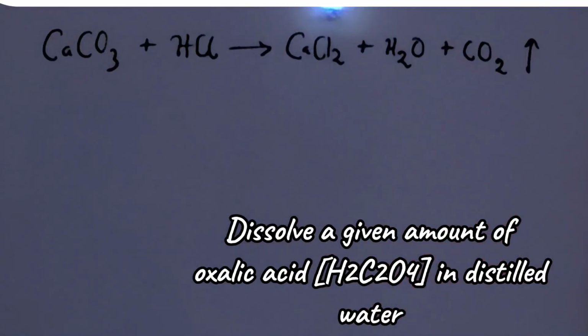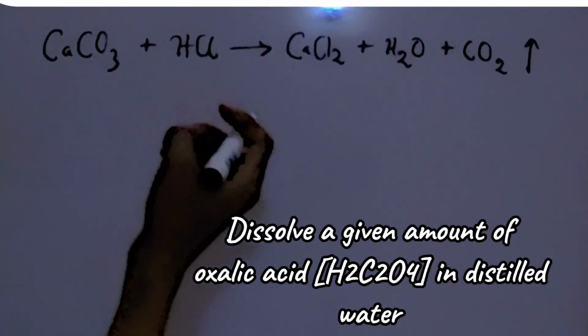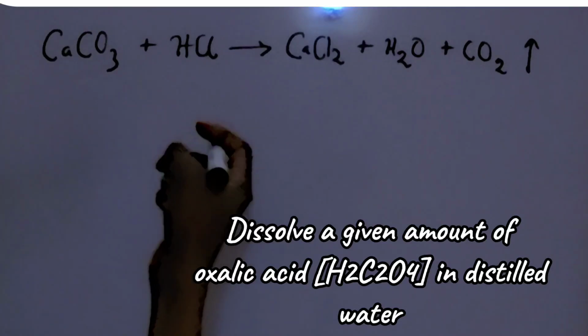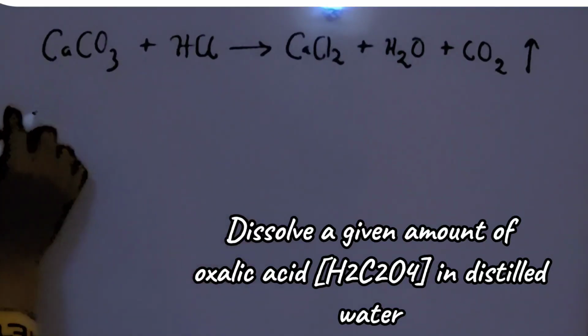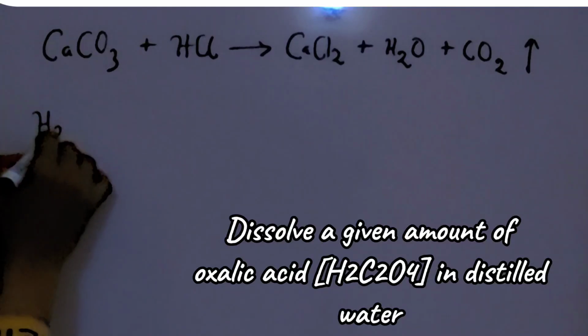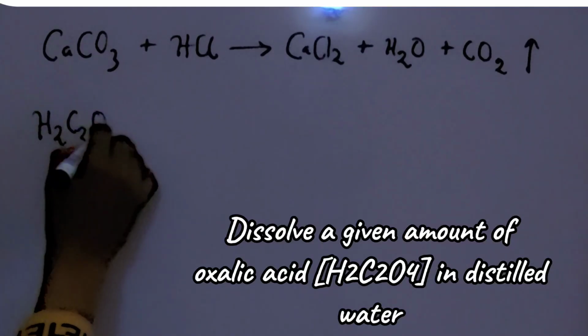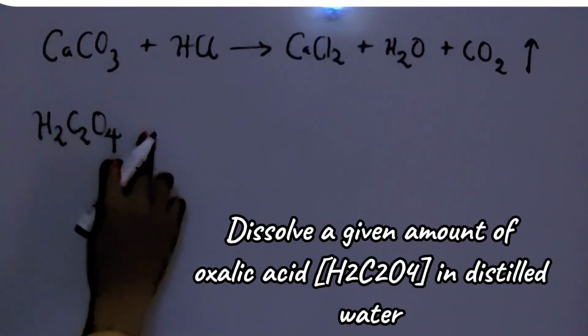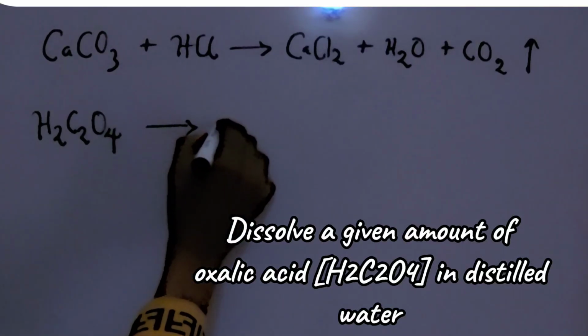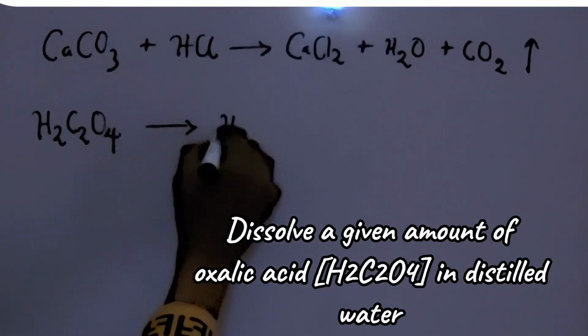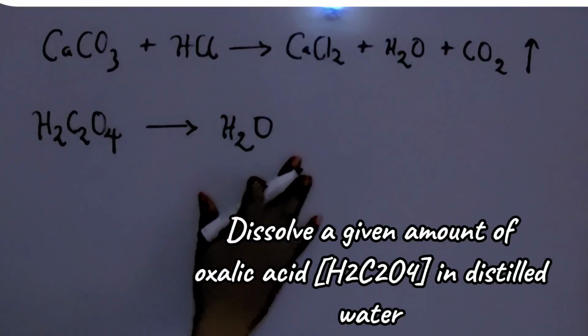The next thing you're supposed to do is dissolve a given amount of oxalic acid, H2C2O4. The weighed amount is going to be in your manual. You dissolve this in a given volume of distilled water.